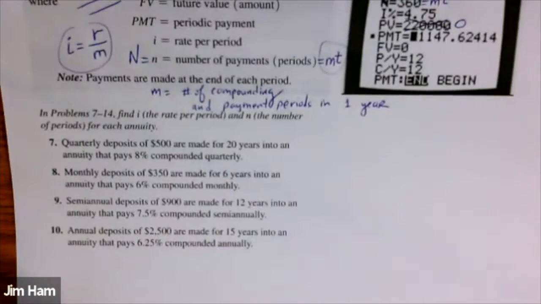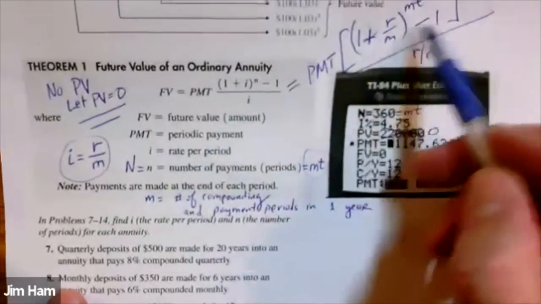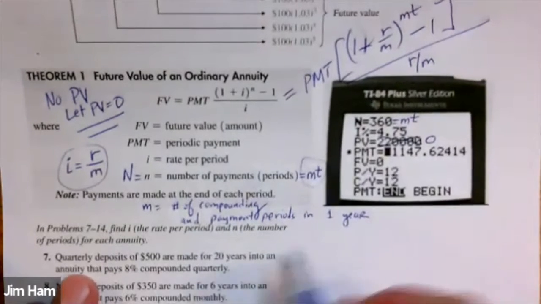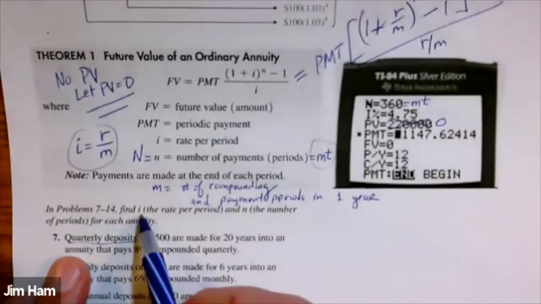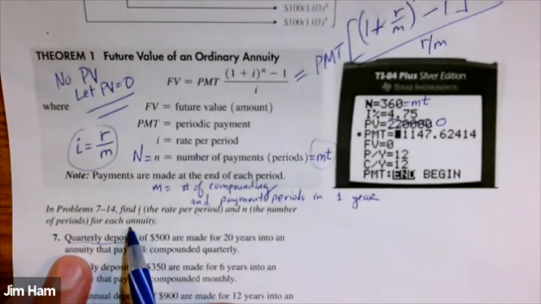All right, let's work through some problems. The first one is just getting you comfortable with the formula. So it's this formula here without the breaking down of the I and the N. We do know that we have quarterly payments. If we take a look at number 7 here, it says find I, the rate per period, and N, the number of periods.